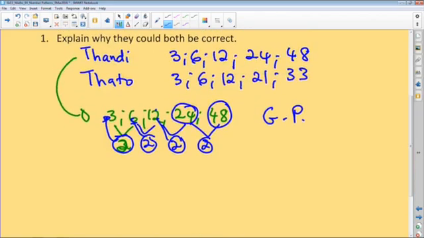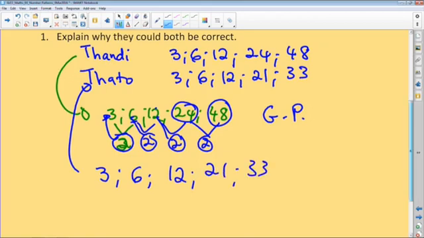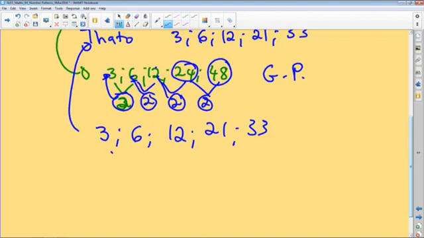Now we look at Tato's. Tato has 3, 6, 12, 21, 33. Right? Now, Tato says 6 minus 3, it's 3. The 12 minus 6 is 6. And the 21 minus 12 is 9.